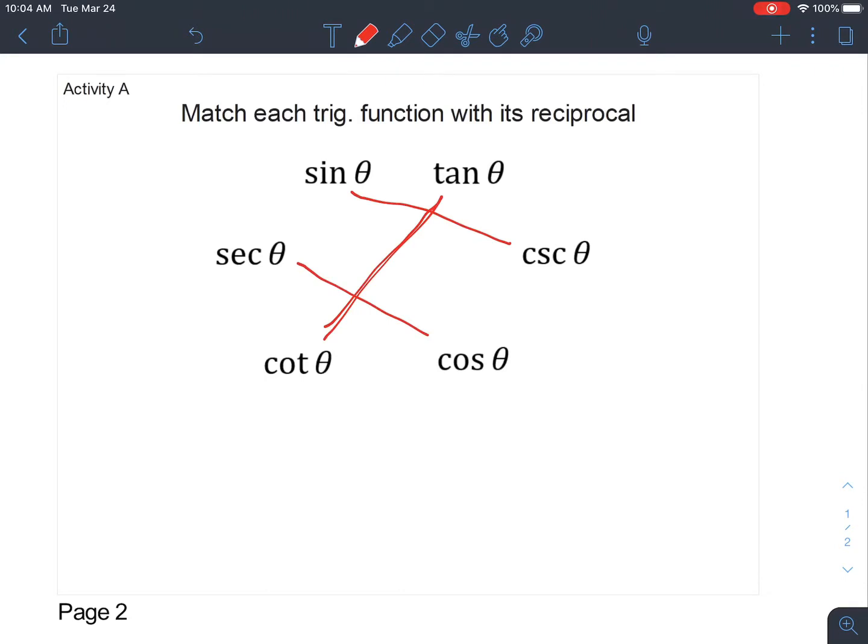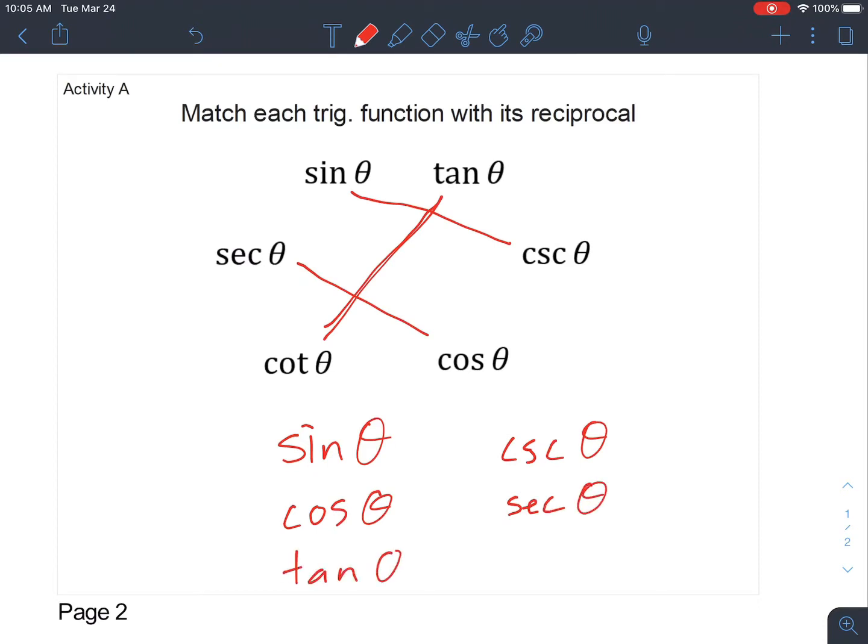And so those are the trig functions with their reciprocals. Remember we wrote it in the last video as sine of theta and cosecant of theta, cosine of theta with secant of theta, and then the last one, the easy one, tangent goes with cotangent.